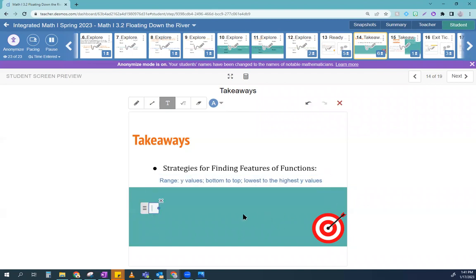What about maximum? How do you find the maximum of a graph? What is the maximum?